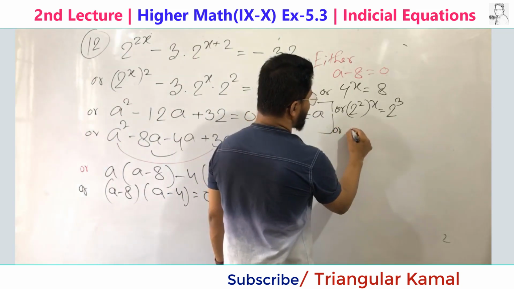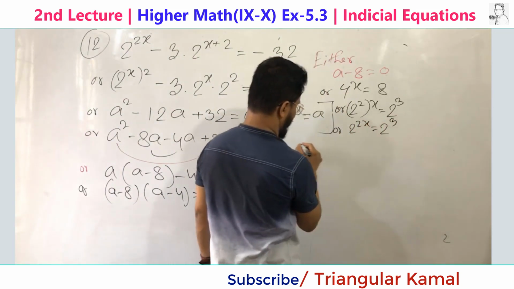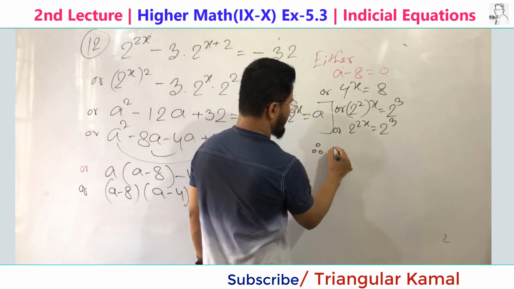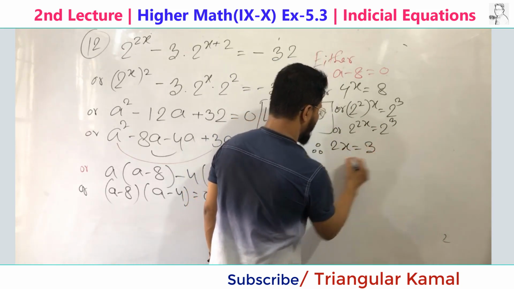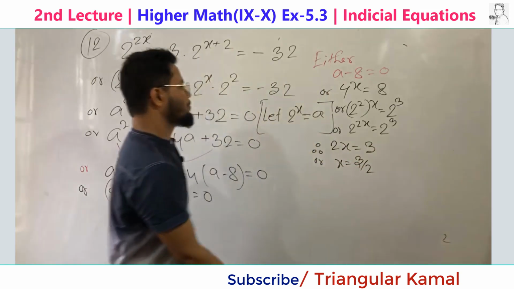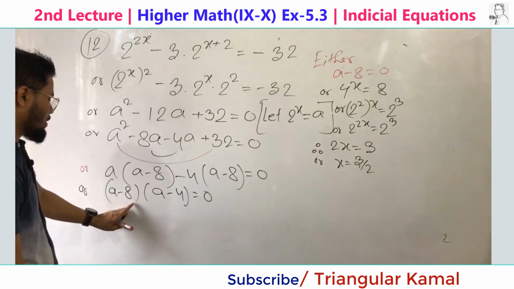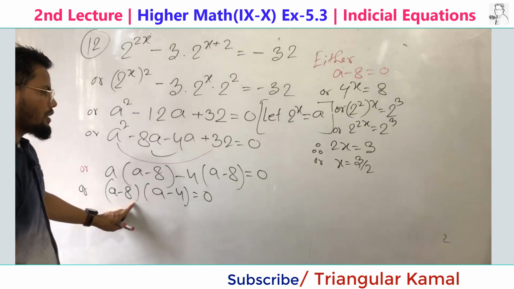So 2 to the power 2x equals 2 to the power 3, so 2x equals 3, or x equals 3 by 2. The first factor gives us x equal 3 by 2.